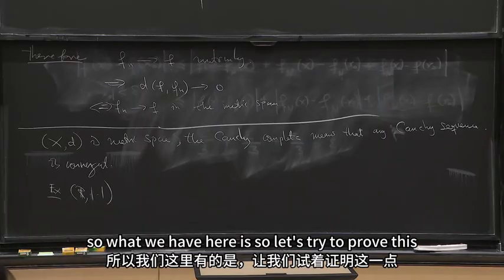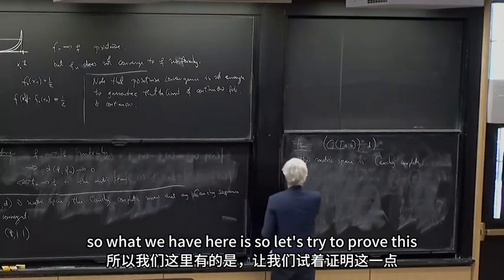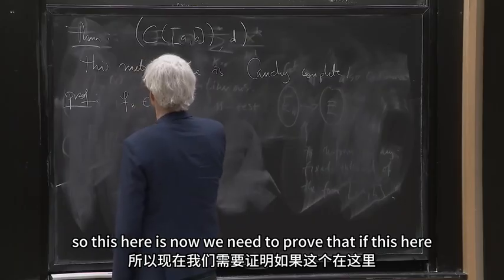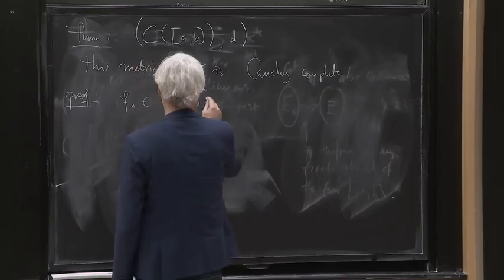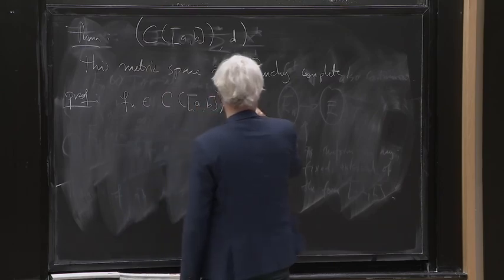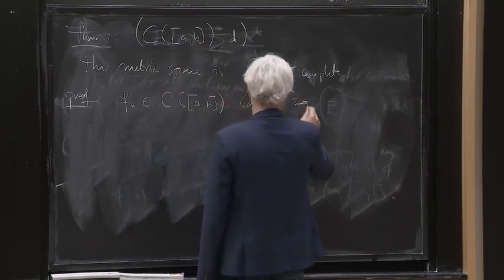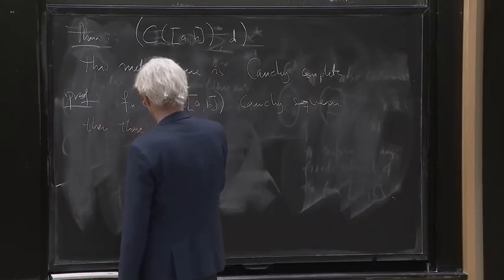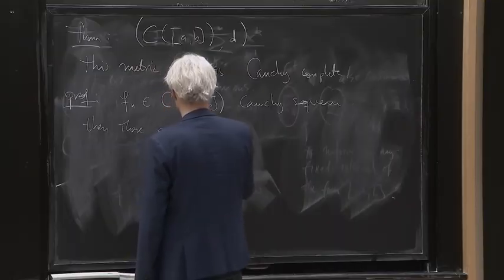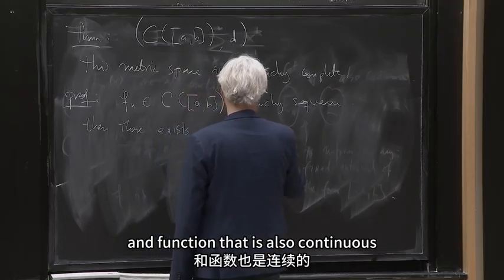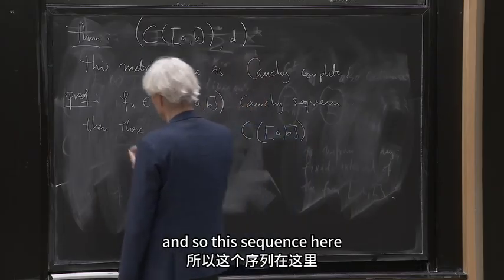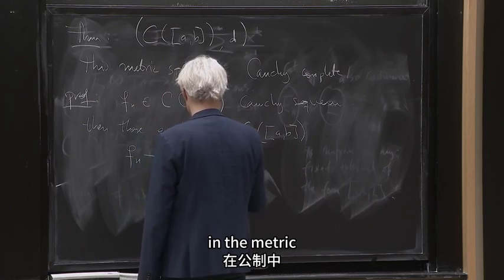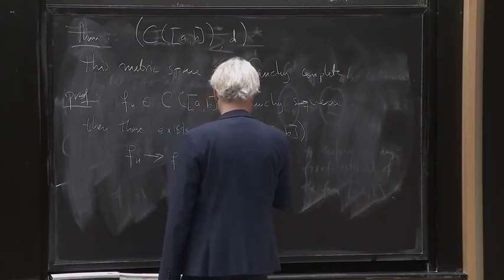Okay. Now, let's try to prove this. We need to prove that if this here is a Cauchy sequence, then there exists a function f that is also continuous, and this sequence converges to f in the metric d.